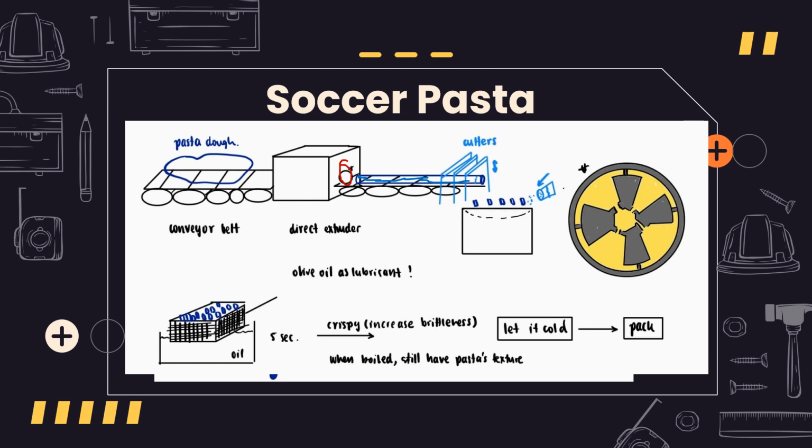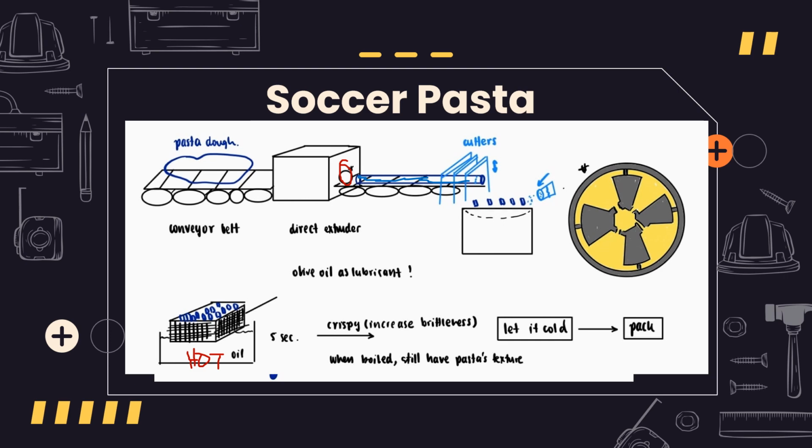And also olive oil, as we are targeting children, and olive oil is the healthier option instead of other types of oils. Then after applying salt, we would introduce it in other type of oil, also olive oil, for some seconds. This is really hot, okay? In order to fry the pasta for some time.